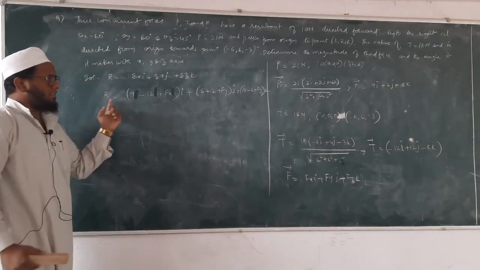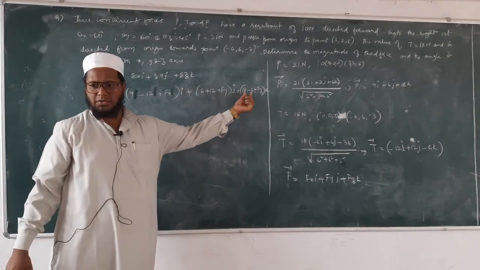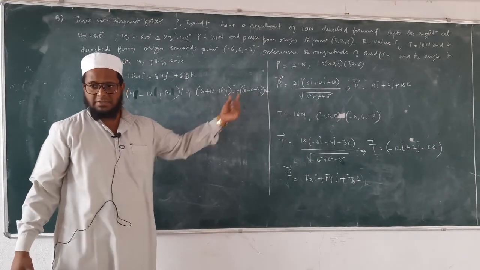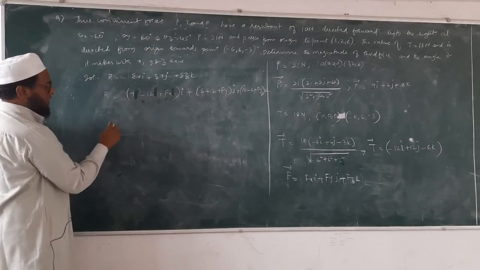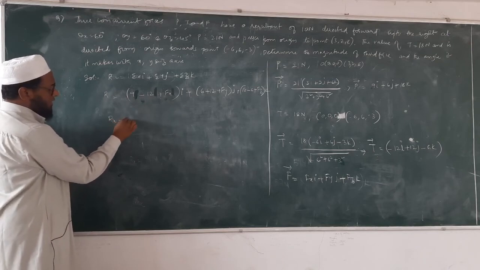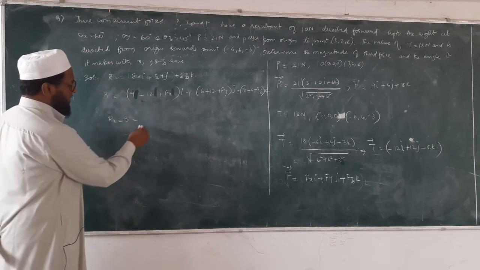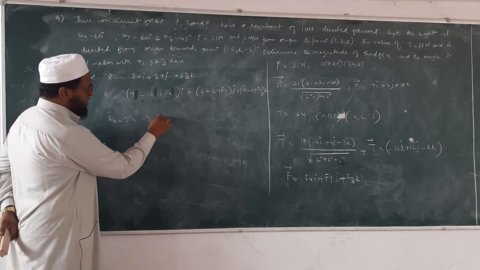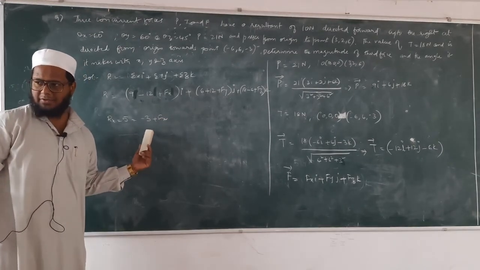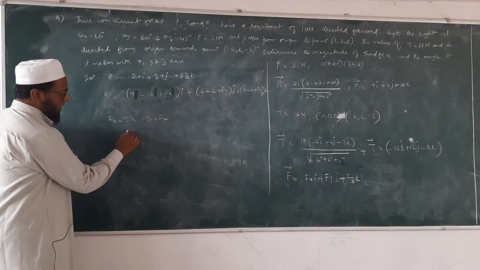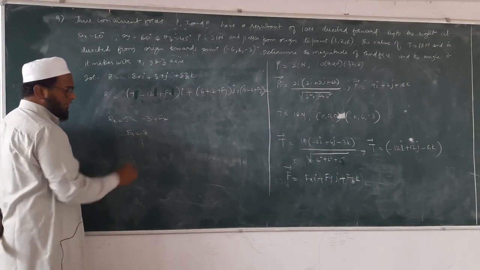So this is our resultant, and we know Rx, we know Ry, and we also know Rz, isn't it? What is the value of Rx? So this is nothing but Rx, right? So Rx is equal to 5 is equal to 9 minus 12, which is minus 3, plus Fx. I is not required here. So Fx is equal to 8.